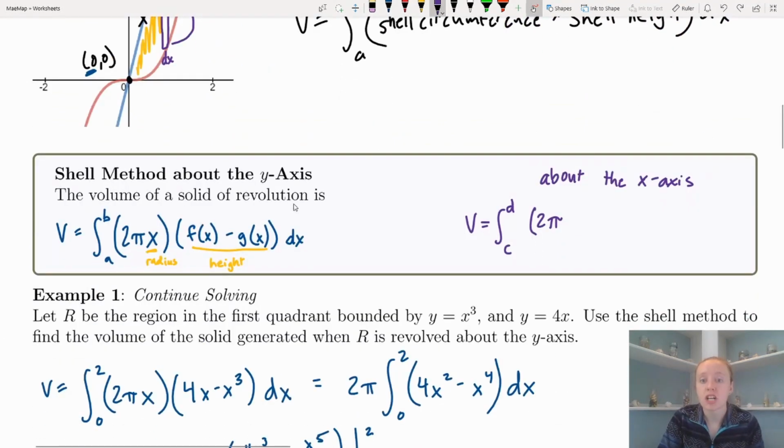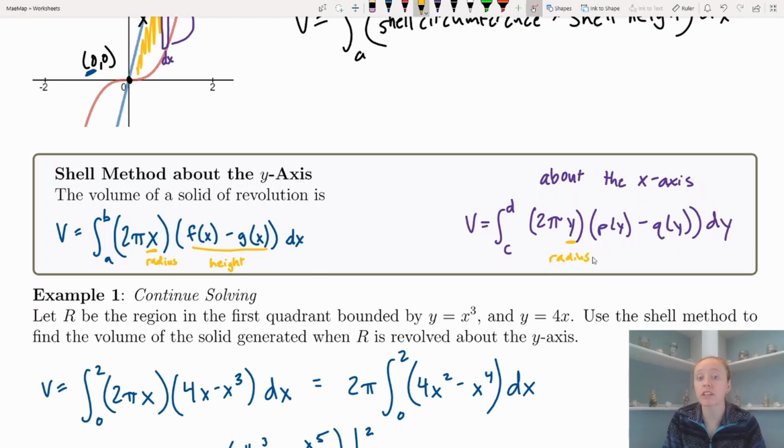So we'll have 2 pi y for our circumference, and our height is going to be no longer top minus bottom, but right minus left. So some function p of y minus some function q of y. And this is all with respect to y.